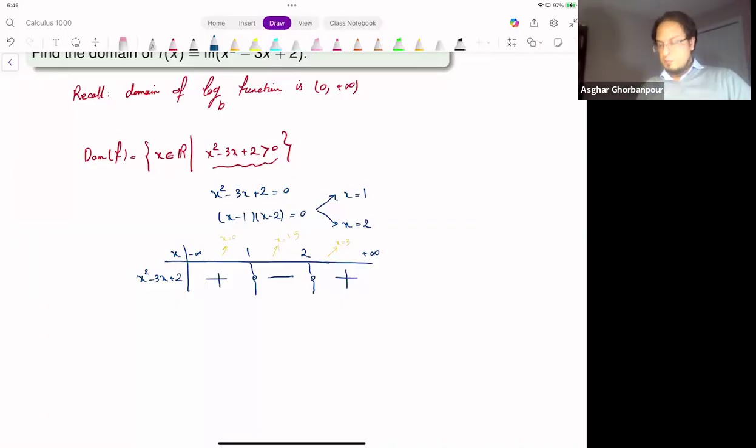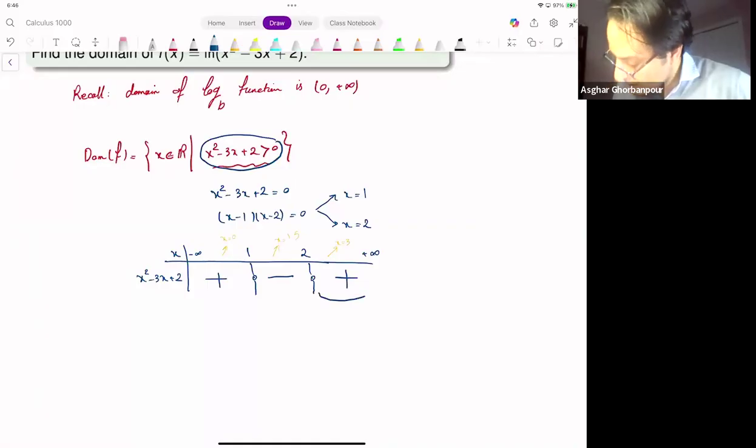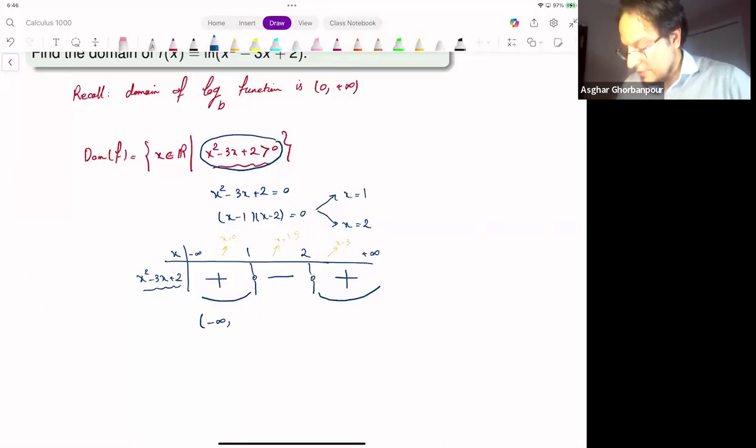And remember, what we were looking for was where it is positive. So for us, it's going to be here and here. In other words, the domain, or the part that makes this positive, are x's from negative infinity to 1 and from 2 to positive infinity.